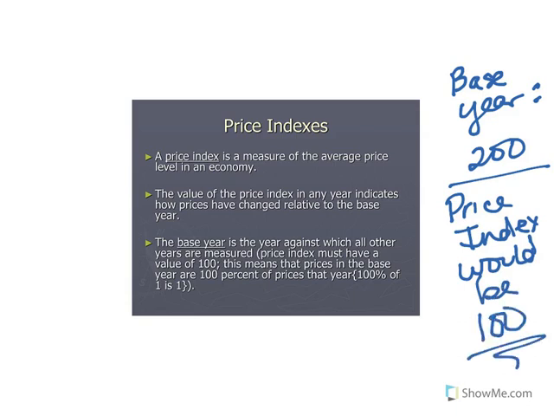In other words, the value of the price index in the base year is always going to be 100, meaning that the prices in the base year are 100% of the prices of that year. So we're just saying that they're equivalent to what the prices are. And then, of course, you use the growth rate to identify how the price index changes from year to year in relation to the base year.